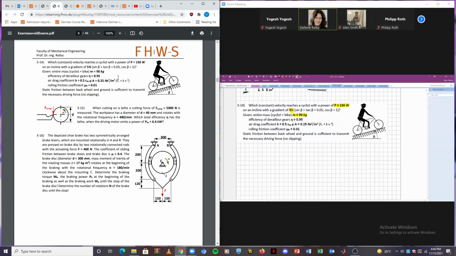The efficiency is given with 0.95. The air drag coefficient is also given. And the coefficient of rolling friction is given as well.